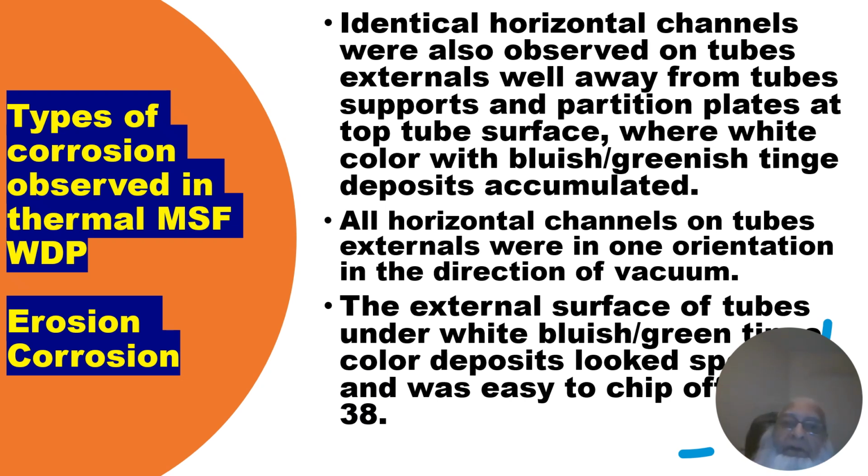All horizontal channels on tube bundles were in one orientation, in the direction of vacuum. The external surface of tubes under the white bluish green tinge deposits looked spongy and was easy to chip off, as shown in slide number 38 of the overall presentation. But these spongy deposits are shown in the next slide as part of the part 3 presentation.